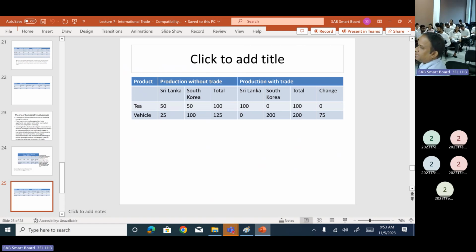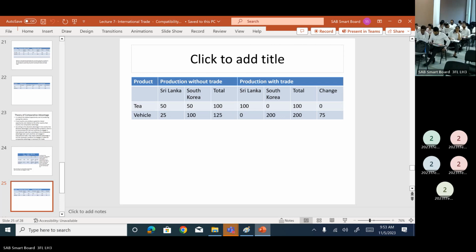With that, we move to the other one. So that is the comparative advantage, based on prices or opportunity cost. Now we will look at the terms of trade. What is terms of trade?